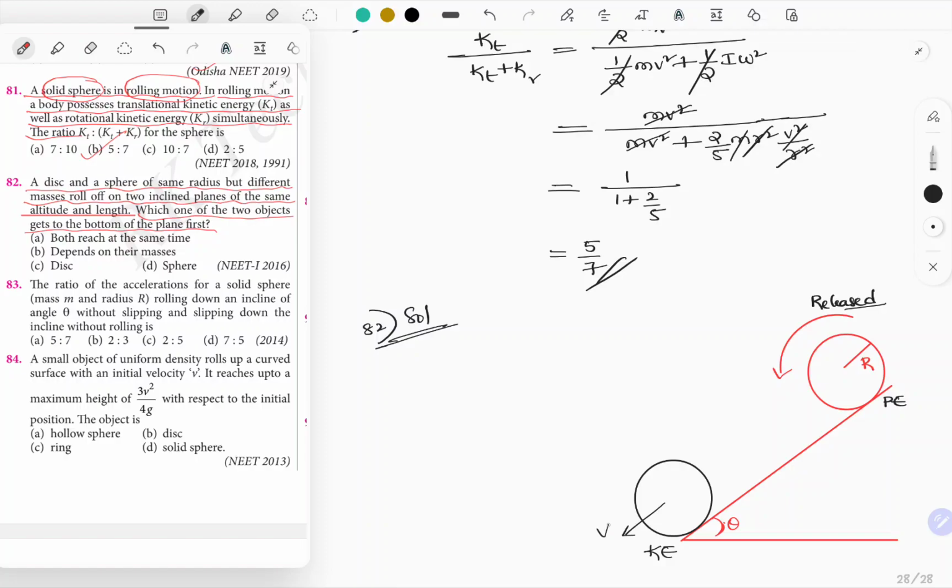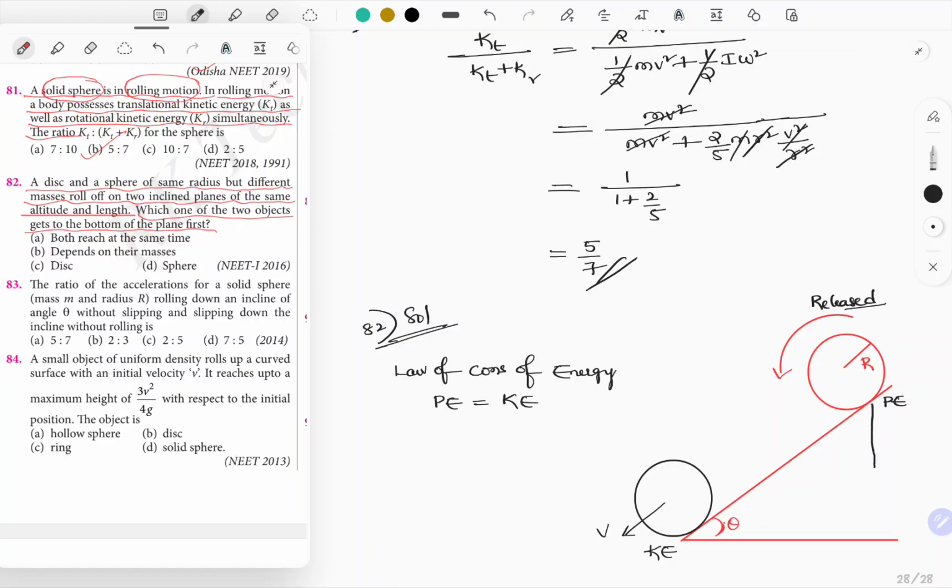First of all, let me find out velocity with which it is going to reach the ground. So according to law of conservation of energy, initial energy is equal to final energy. That is, initial total energy is equal to final total energy. That is, initial potential energy is equal to final kinetic energy.